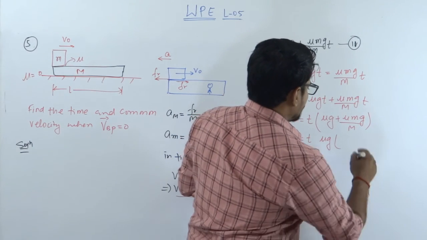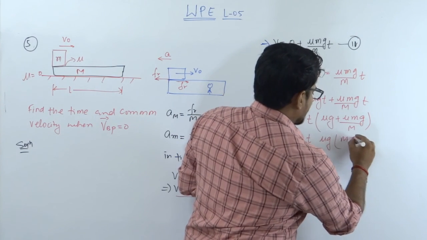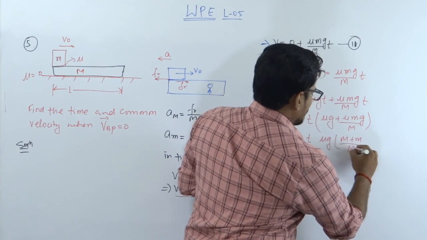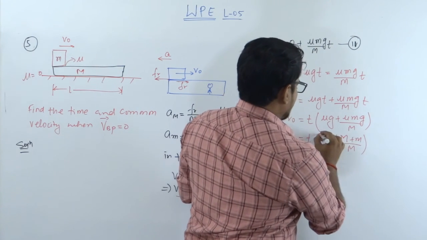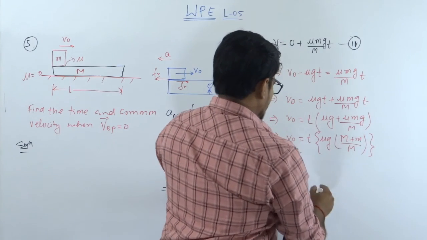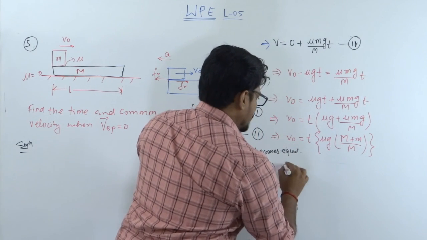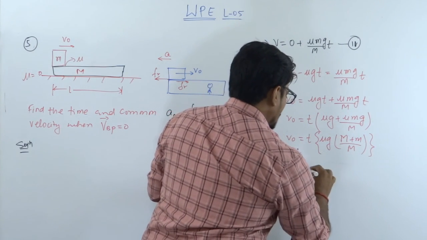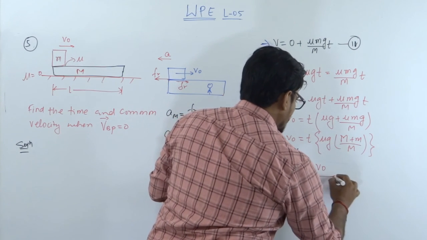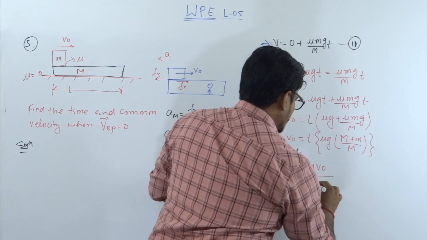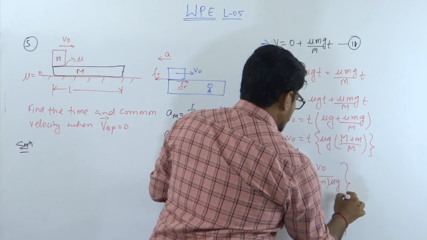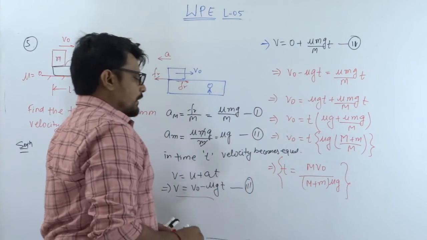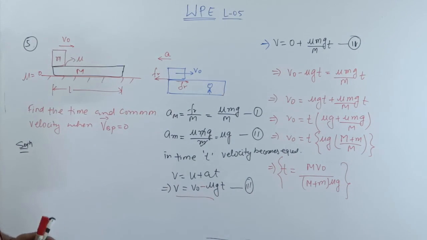You can take mu g common, आपको हो जाएगा capital M plus small m over the capital M. All good. So finally what we get is t should be given as m v naught upon capital M plus small m into mu g.